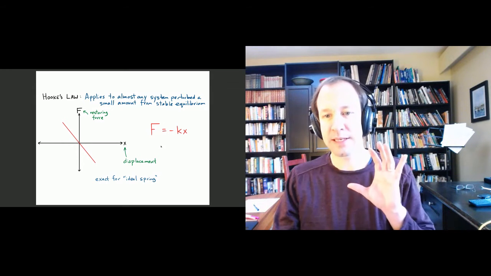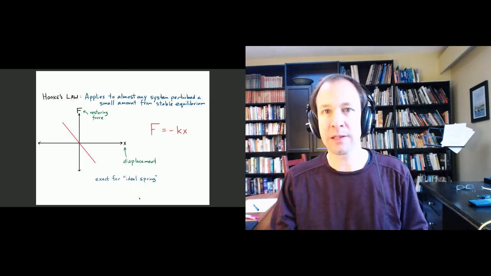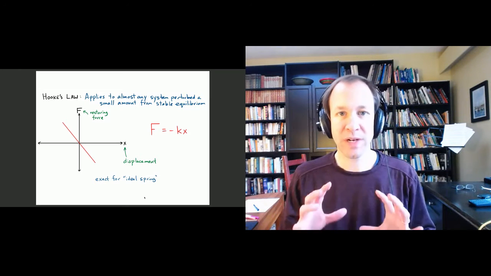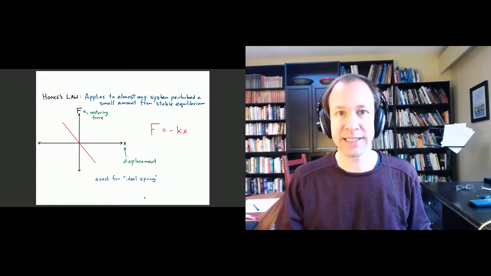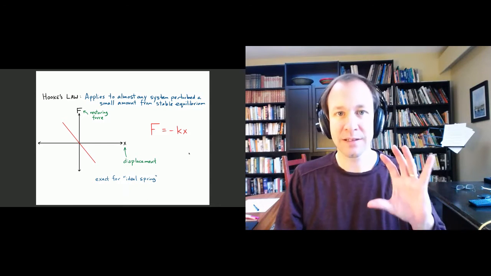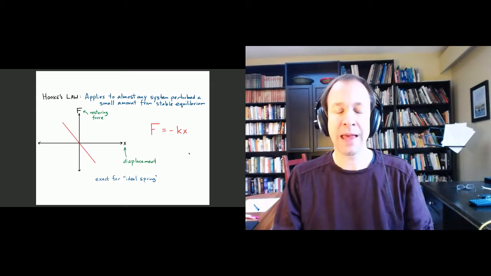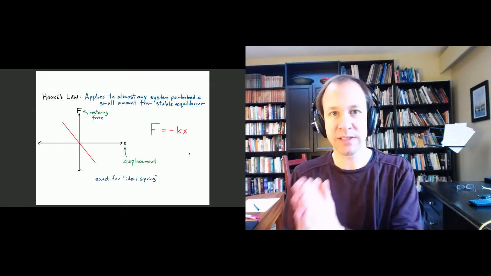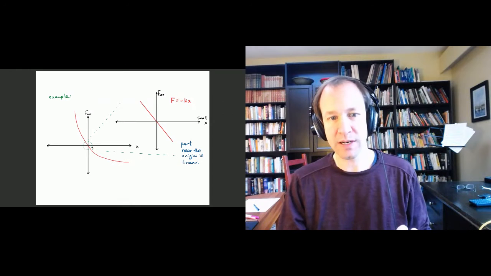This is taken to be an exact formula for what we call an ideal spring. But what I want to emphasize here is that it's a very universally applicable formula as long as you're in a situation perturbing about mechanical equilibrium and you're keeping the displacement small, so you don't get into the regime where it is no longer linear.